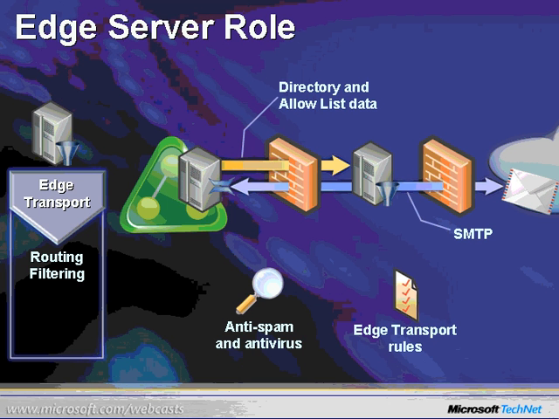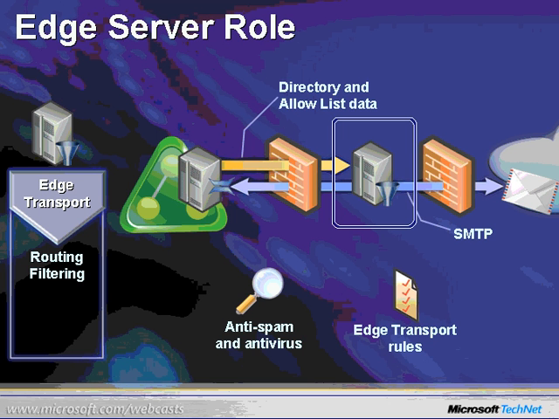So one of the nice things of using the Edge transport is you can synchronize one way, via EdgeSync, directory information and the safe sender list, the allow list, out to your Edge transport. If you look at this diagram here, let me pull out my little drawing tool.